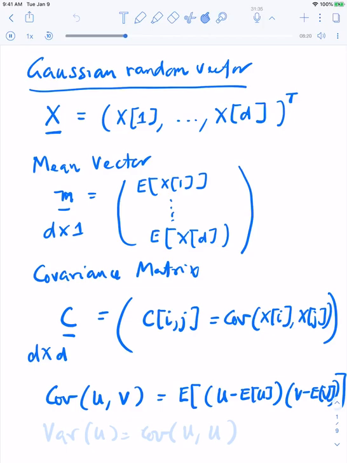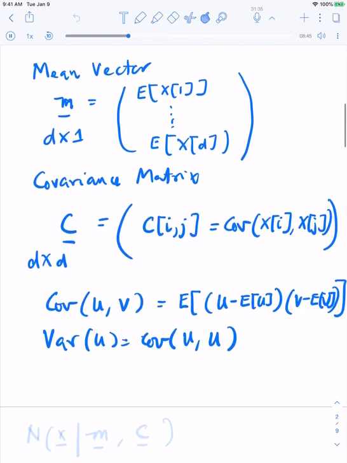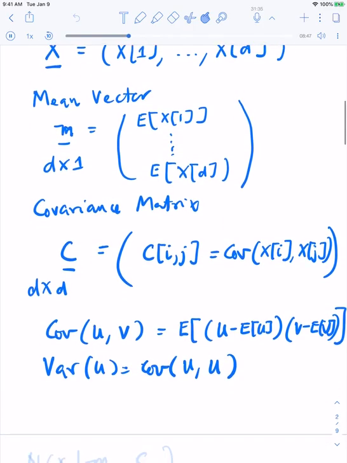If I scale u by 10, then the 10 just pulls out because it's there in u as well as E of u. There are all these properties that we can dwell on, but we are not going to dwell on right now. So anyway, that's what the covariance is. And you can see that the variance is a special case. The variance of u is just its covariance with itself, right?